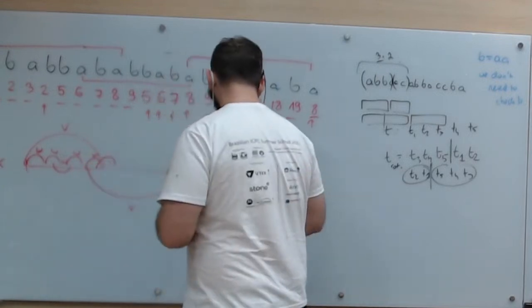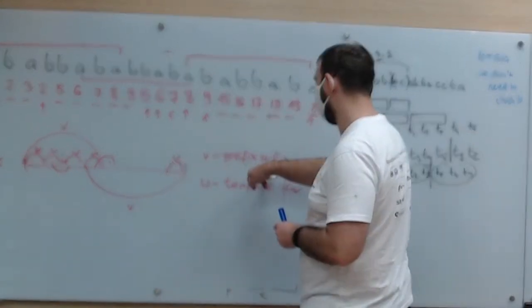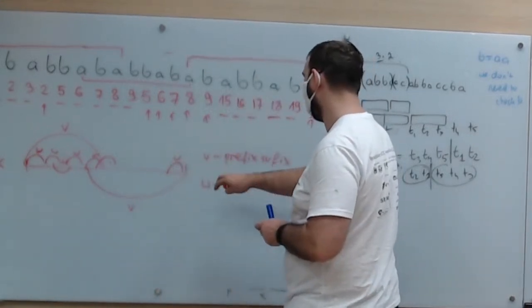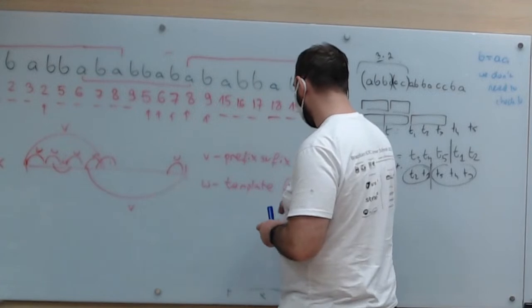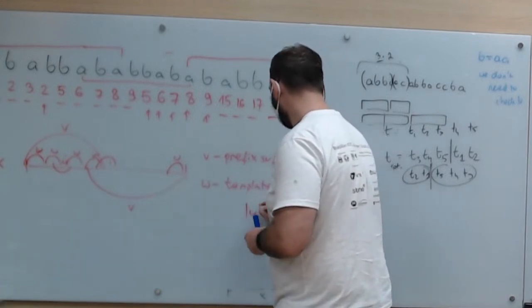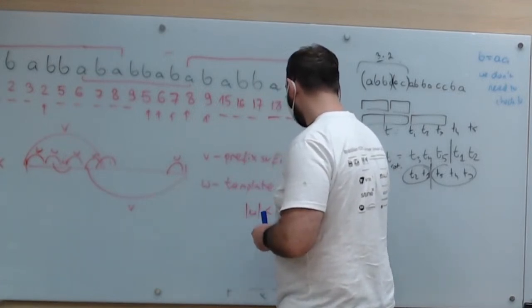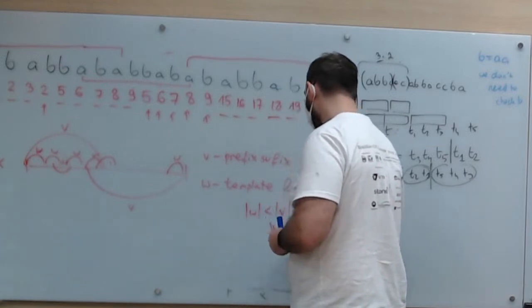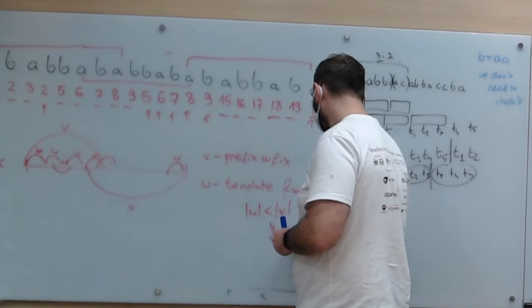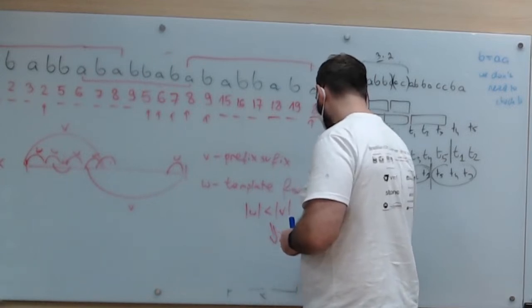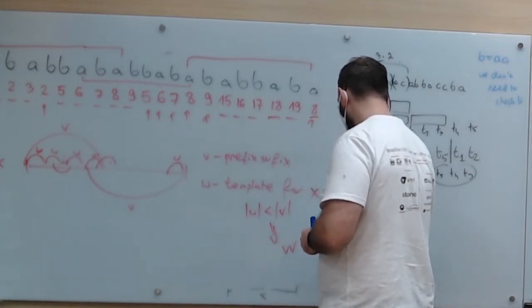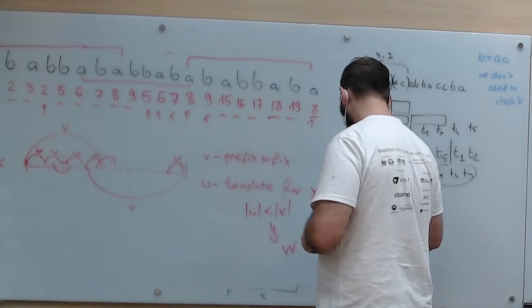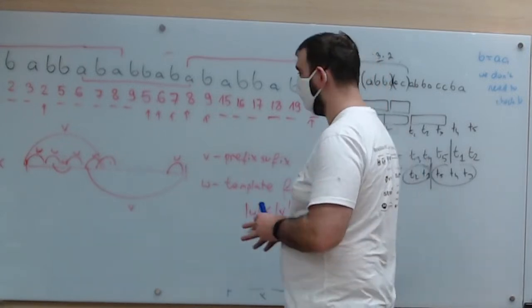Okay? So that proves that if V is a prefix suffix and W is a template for X, and I should probably say that the length of W is lower than the length of V, that means that W is a template for V. Okay?